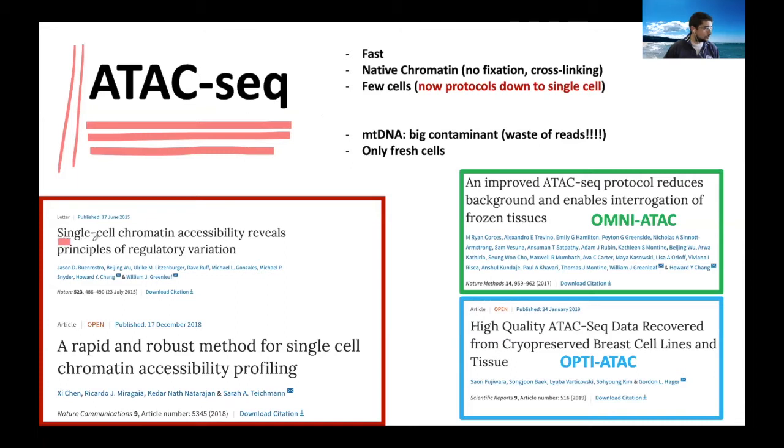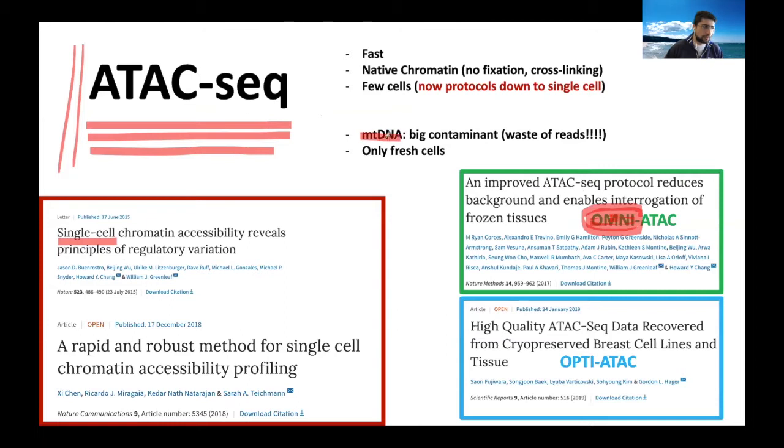You can do single cell if you want, and there's also a new technique for ATAC called Omni-ATAC, which is also good for frozen tissues, for example, and it will also reduce contaminant reads coming from the mitochondrial DNA.